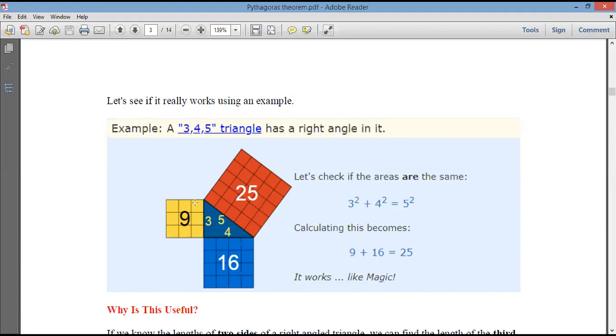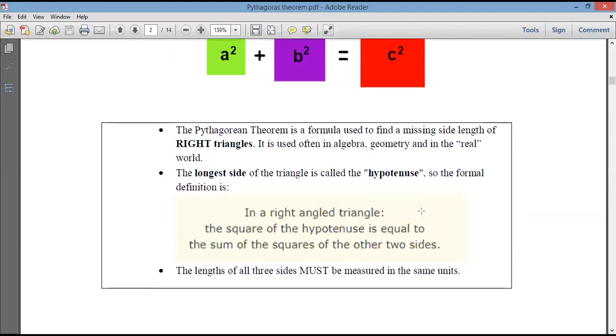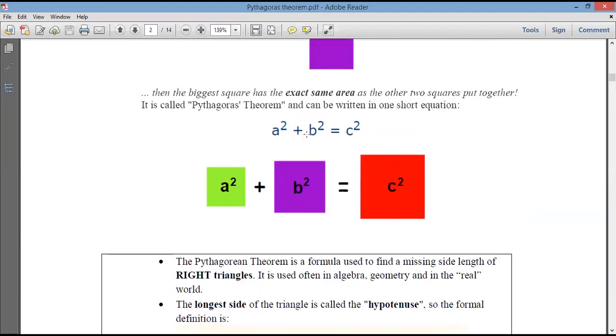So you can prove by using this that Pythagoras theorem can be used to calculate the length of a side of a right angle triangle. It must be a right angle triangle. So you have this formula: a squared plus b squared equals c squared.